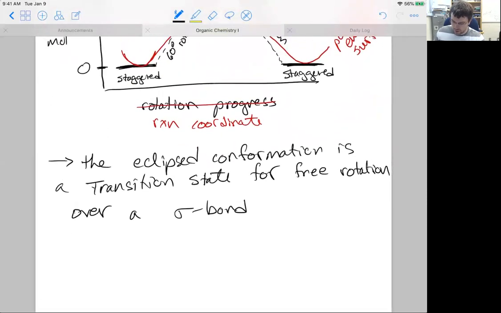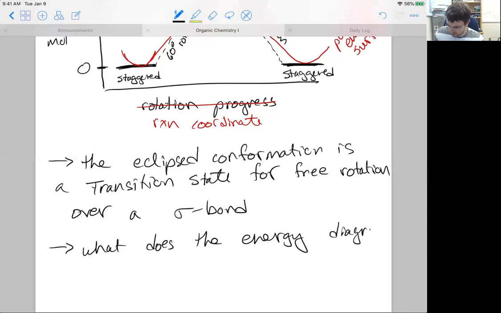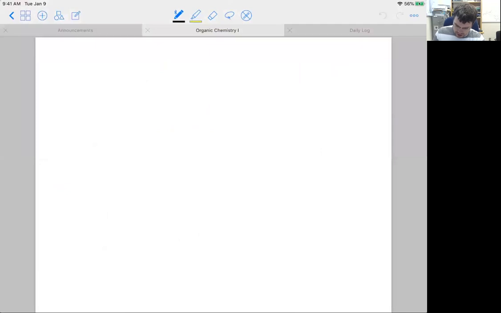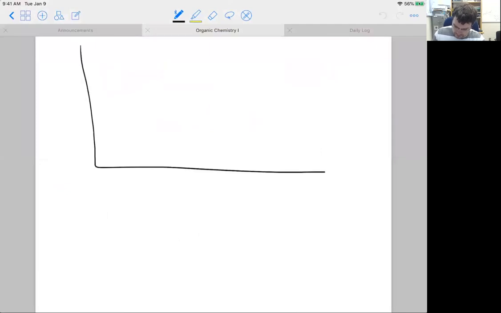So that was for 120 degrees. What does the energy diagram look like for 360 degrees of rotation? Well, let's go ahead and plot that. So we're going to do another energy diagram.